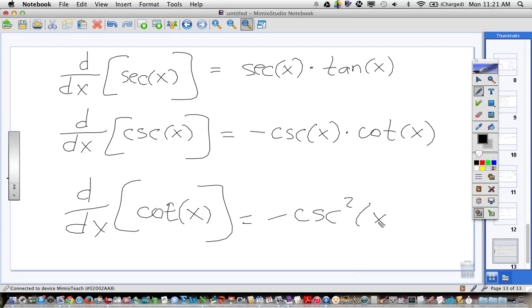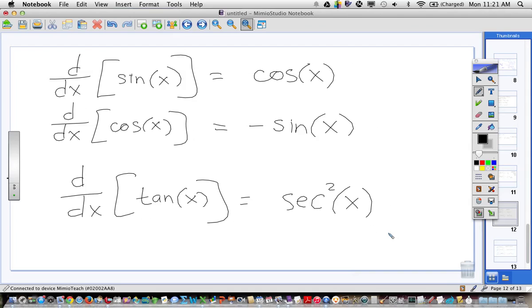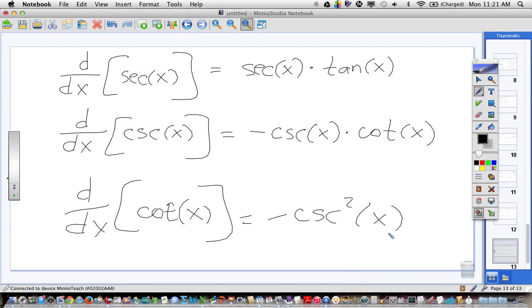So the derivative of tangent is secant squared. The derivative of cotangent is negative cosecant squared. So if you can memorize those, the other ones come easily with the negative in there. And those are the derivative rules for the trig functions.